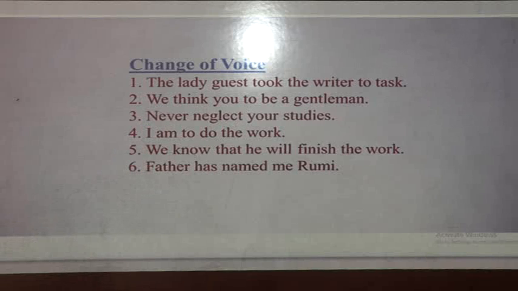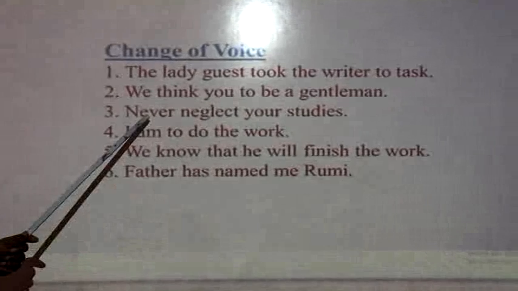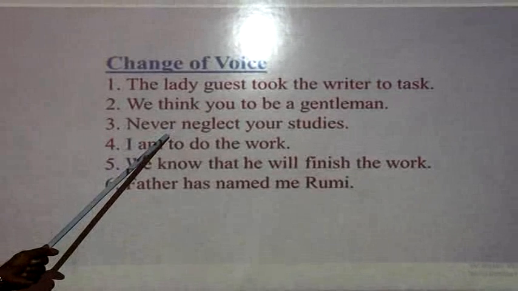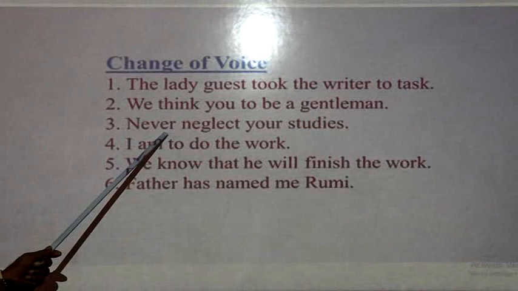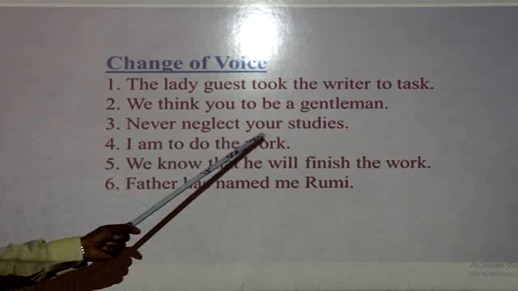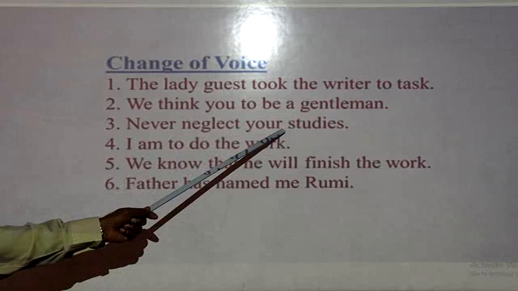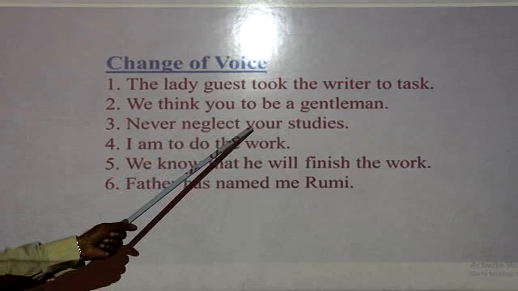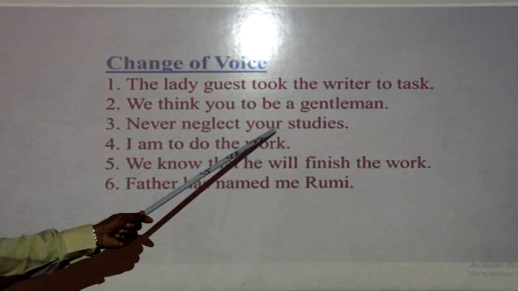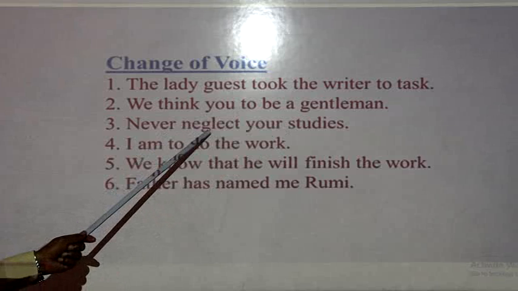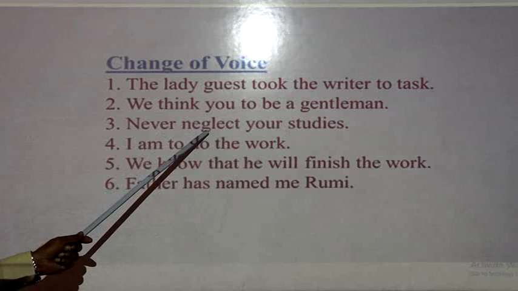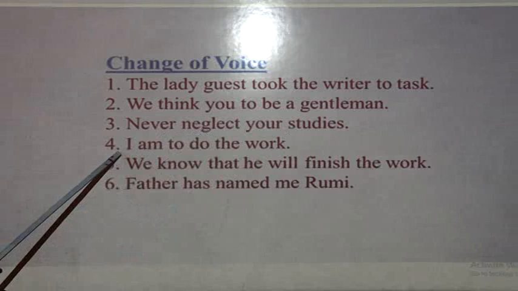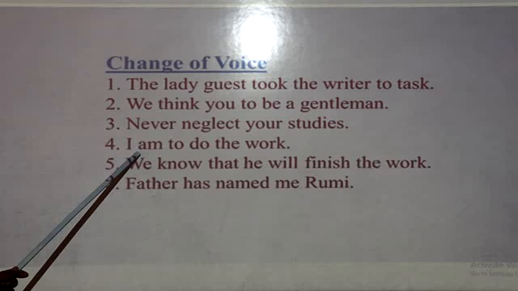Number 3, Never neglect your studies. As it is an imperative sentence, we will start with let. Let your studies never be neglected. It is passive. Number 4, I am to do the work.